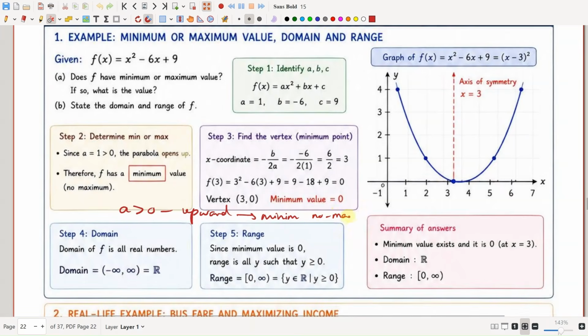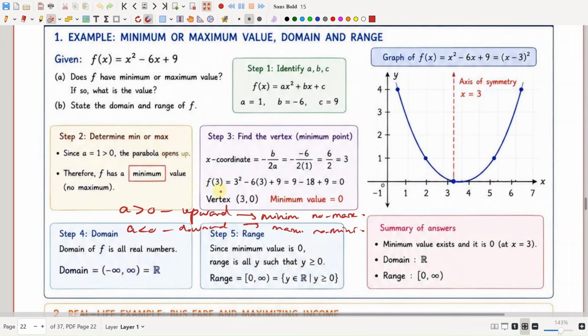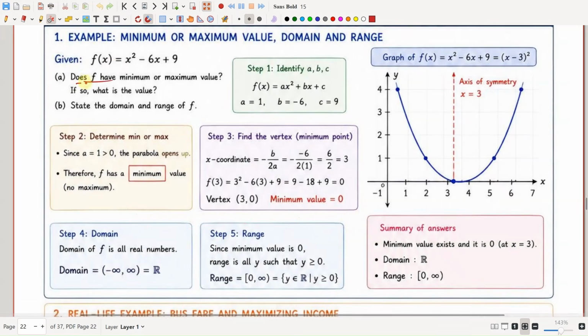And the opposite for the other one: a less than 0 means open downward, then you will have a maximum value, no minimum value. So we have found that for this equation, we will only have a minimum value as the parabola opens upward. There will be no maximum value.